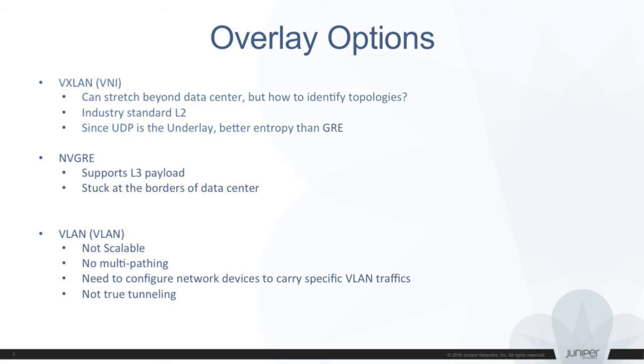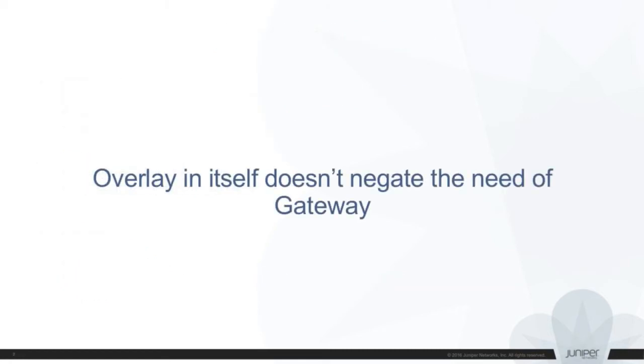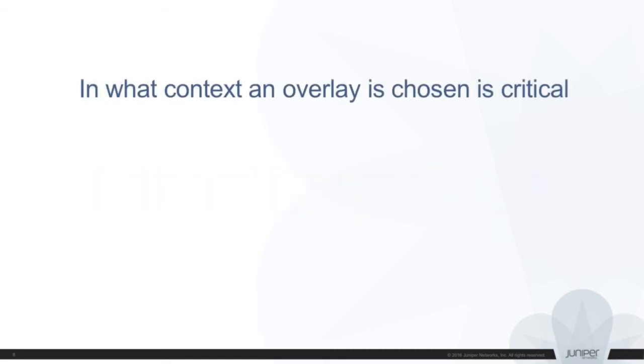Both of them have their own advantages. If you look at the overlays that we just discussed, the overlay in itself doesn't negate the need for a gateway. To get past the physical boundary, oftentimes you need a gateway. Definitely for ML2 you need one. So that is an expense, that is a complexity.